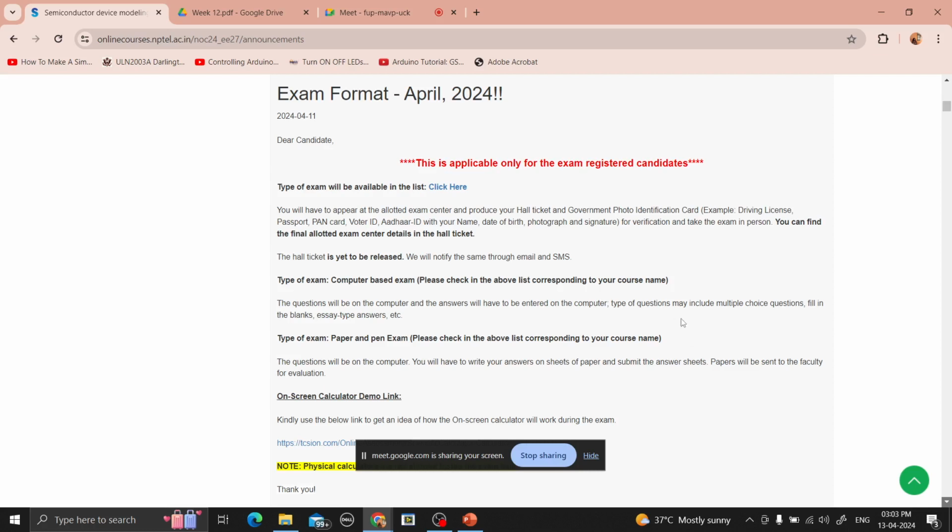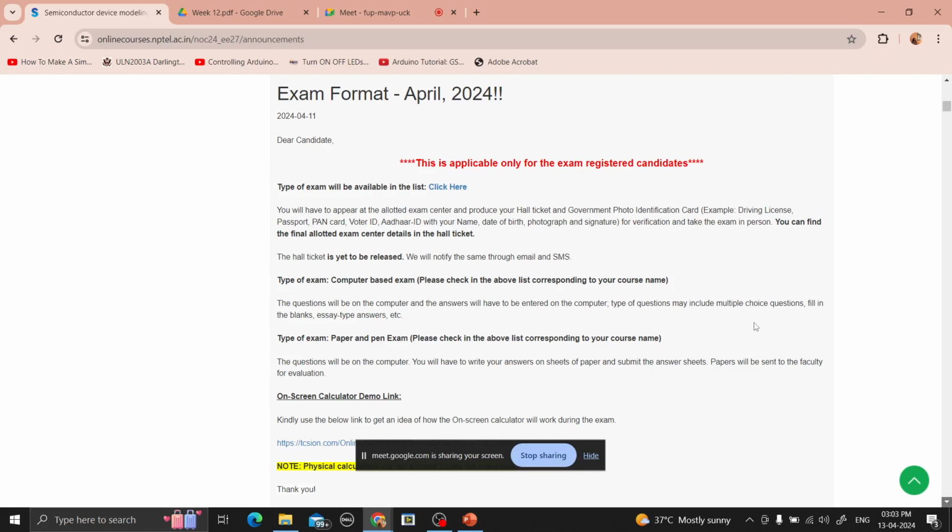So it is written, the type of questions may include multiple choice questions, fill in the blanks, essay type answers, etc. So it can have all three options. I'm guessing it will be similar to the assignments given, but I'm not sure. So these options are given.